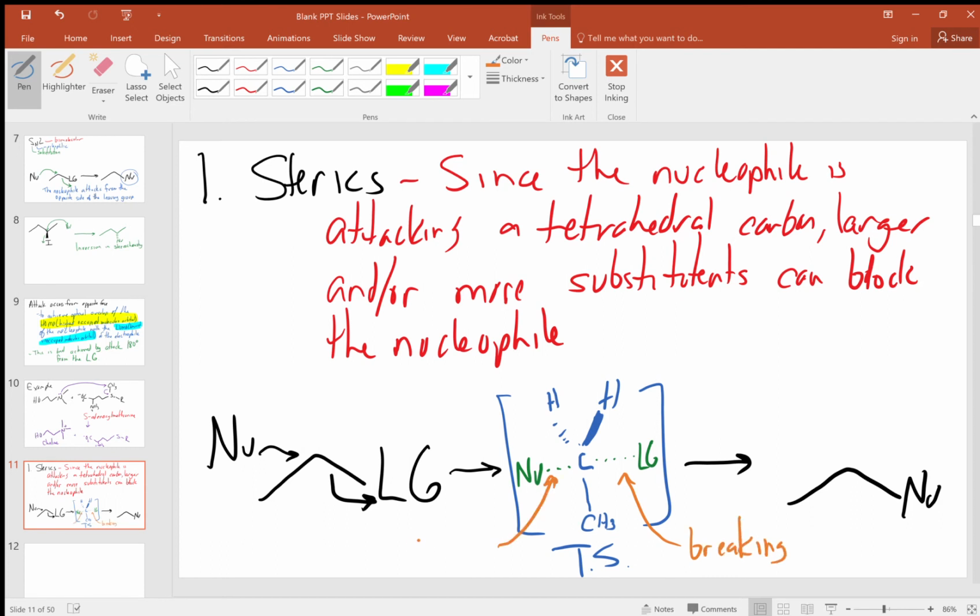And this bond over here is only partially formed, so it's not a full bond either. So we haven't violated our 4 bonds to carbon. It's just that in this drawing, the formation and breaking are happening simultaneously.